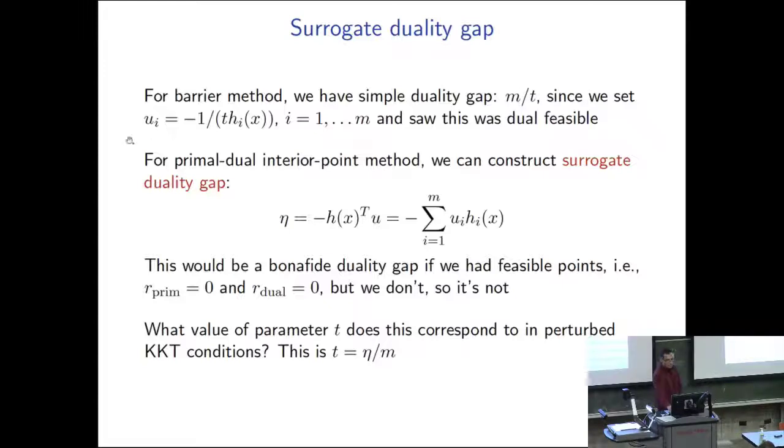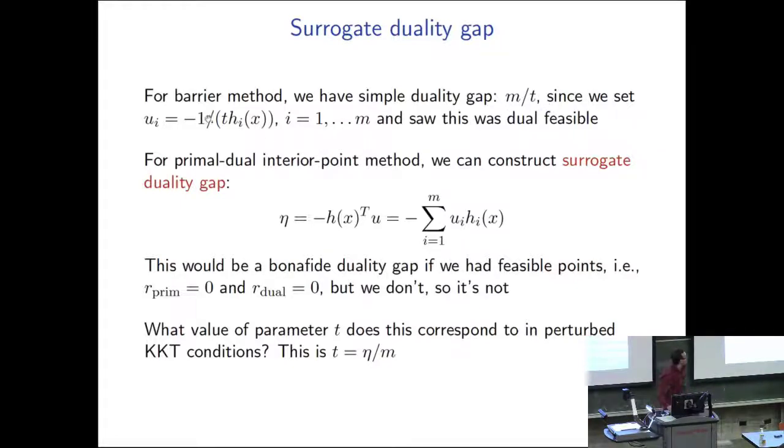That came from setting ui to be minus 1 over t times hi of x, and v to be something in terms of w, plugging these into the Lagrange dual function of the original problem, taking the difference between the criterion value at the barrier central path solution and the dual function at these dual variables, and that led to this duality gap of m over t.